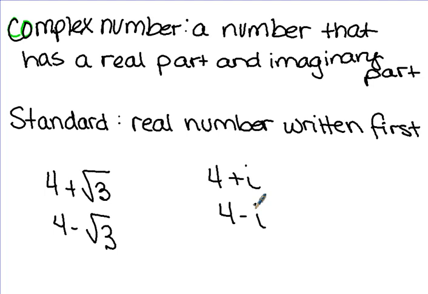And just like radicals, imaginary numbers cannot be in the denominator of any problem. So we're going to have to multiply by a conjugate pair to get rid of any imaginary number in the denominator, just like we had to get rid of any root in the denominator.